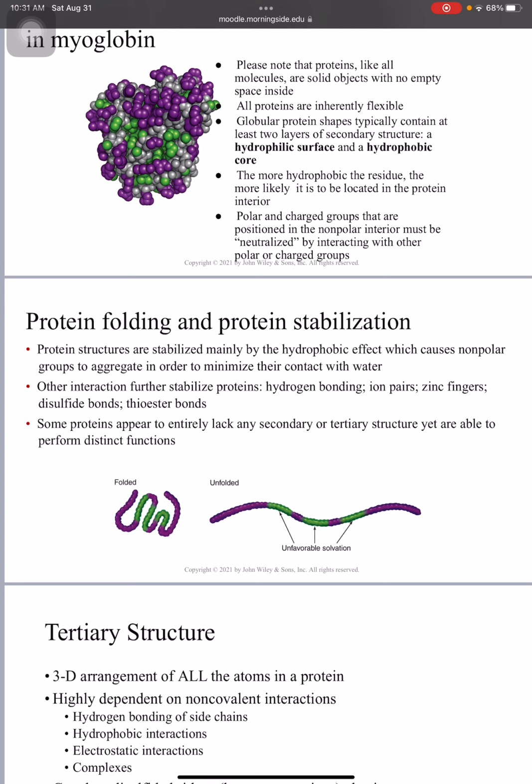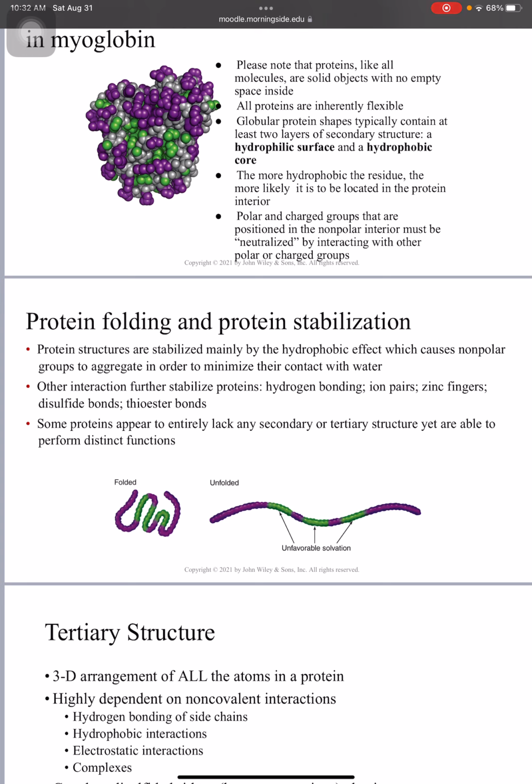But basically, we've alluded to this before. The function of a protein, its physical properties, everything about it, is really determined in large part by the overall folding patterns. There's lots of different ways to fold.